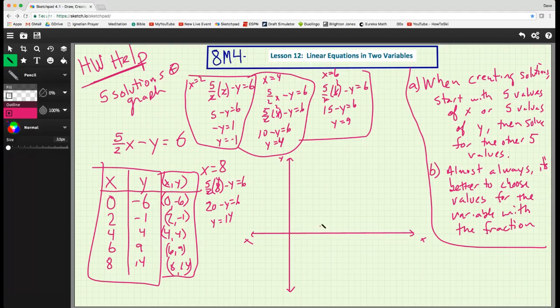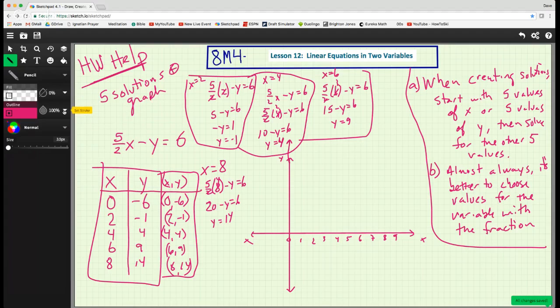So my x-axis, I got to go from 0 to 8. So I can go 0, 1, 2, 3, 4, 5. Remember, I got to start at 0 and keep even intervals. But for my y, 1, 2, 3, 4, 5, 6, 7, 8, 9, 10, 11, 12, 13. Well, let's take it all the way up into here.